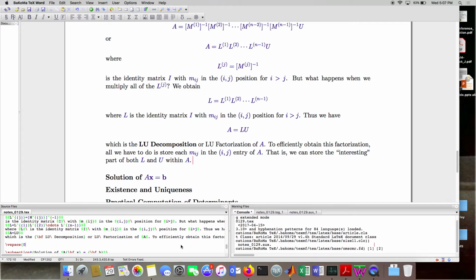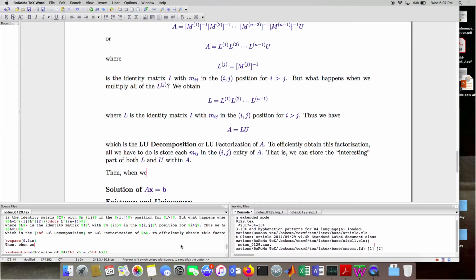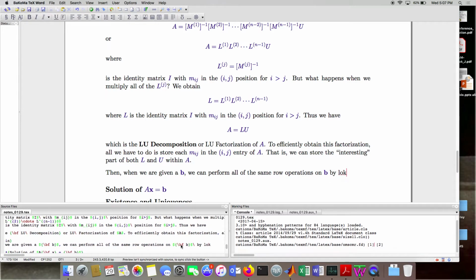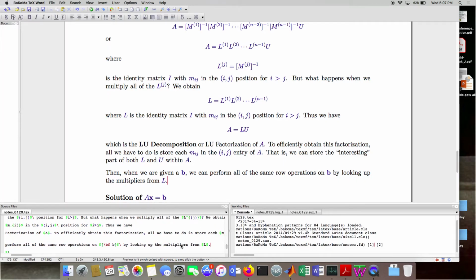So how is this helpful to us when solving a system? When we are given a B, we can perform all the same row operations on B by looking up multipliers from L. Because what I was saying at the outset was we needed some sort of record of all the row operations that had to be performed on A to reduce it to upper triangular form.